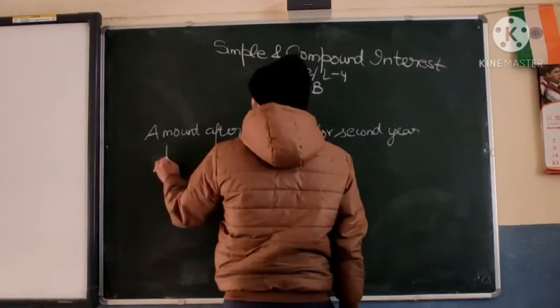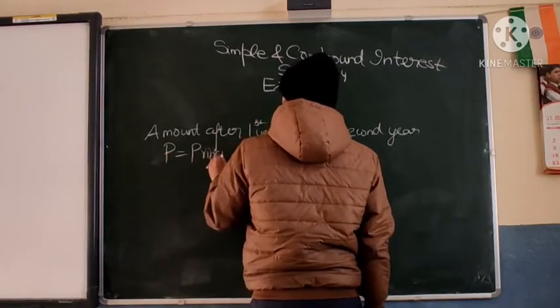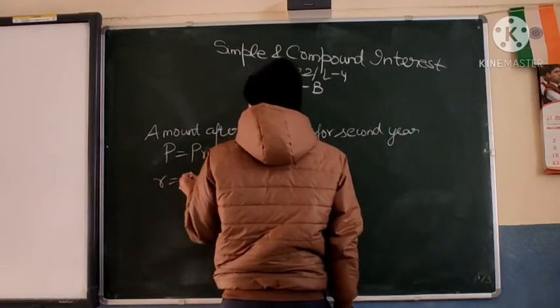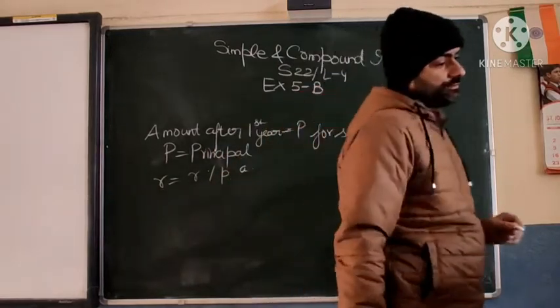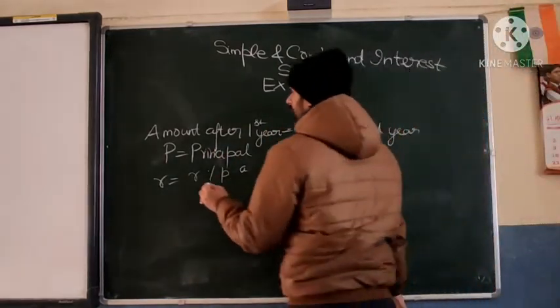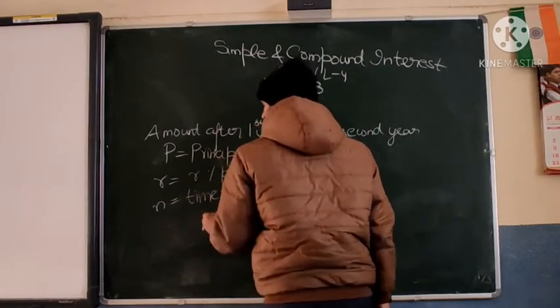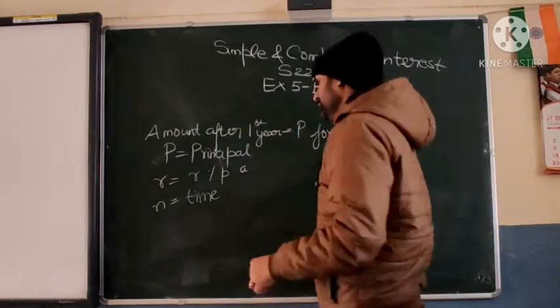So if P is the principal, small r is the rate of interest per annum, and n is the time. Sometimes we also call it the conversion period.